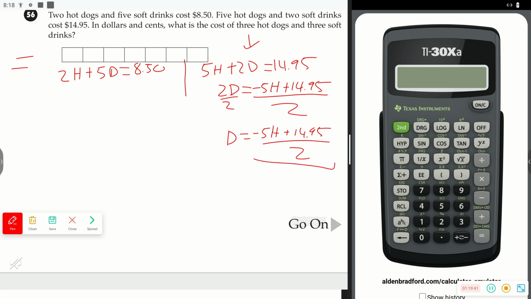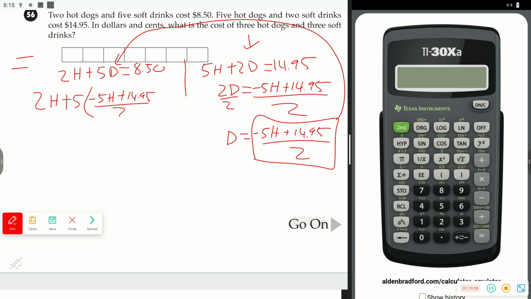And now I have to plug this expression into my other expression. So now I have 2h plus 5 times negative 5h plus 14.95 divided by 2, and that's going to equal 8.50.